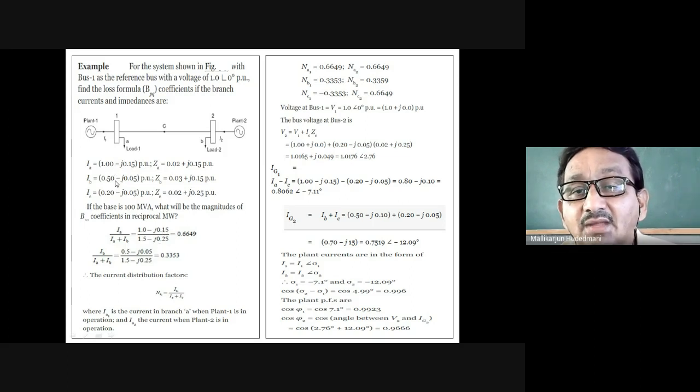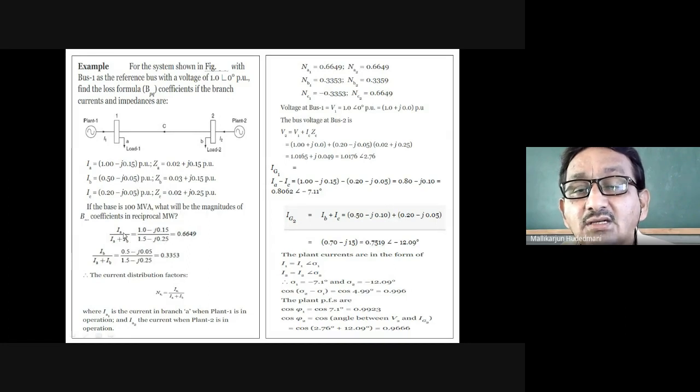If I add them, 1.5 minus 0.25, is it right? 0.25 or 0.20? 1 plus 0.5 is 1.5. The second is 0.15 plus 0.05, it should be 0.20. So it is changing to 0.25. The denominator has a printing mistake here. If 0.25 is the answer, we should change this to the other number.